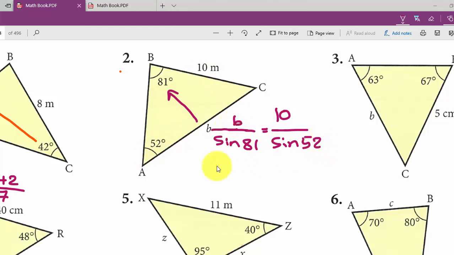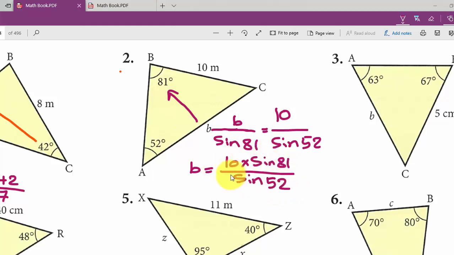How can we get B? B is equal to 10 times sine of 81, and this result divided by sine of 52.